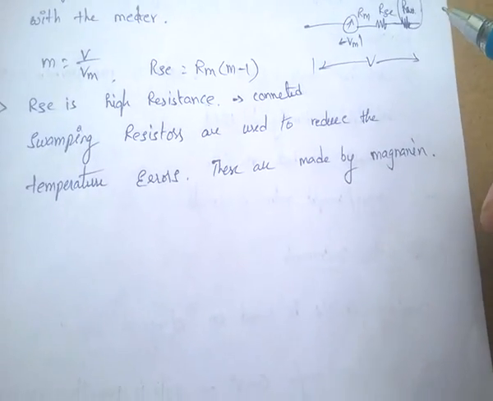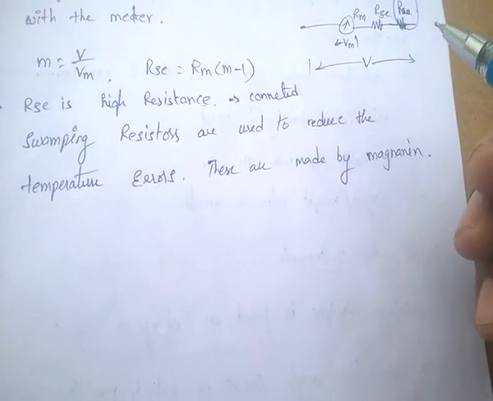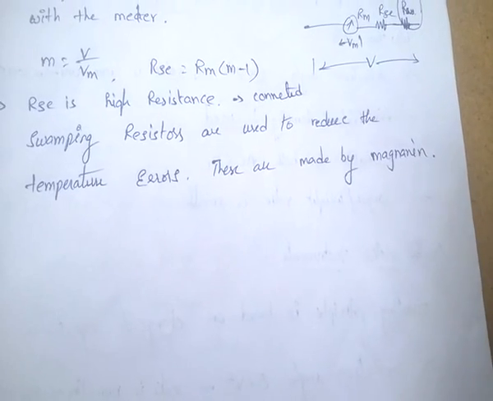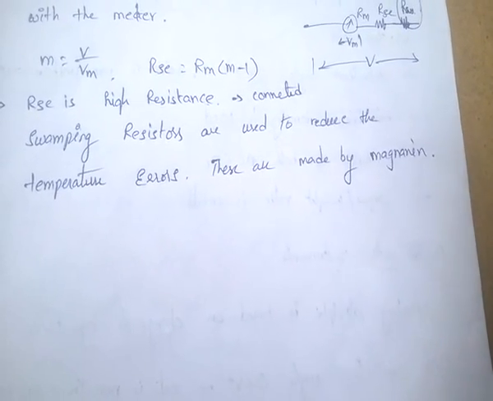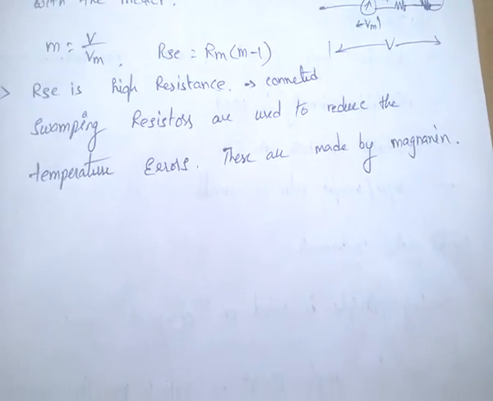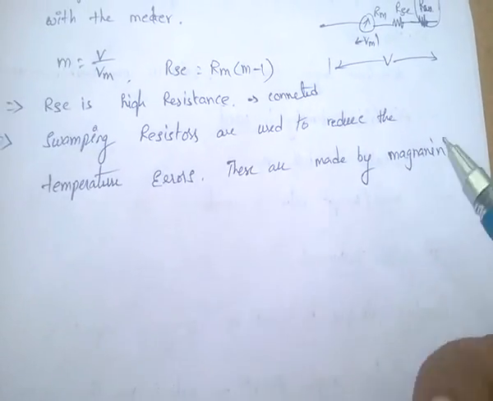The material used for making swamping resistors is a constant temperature coefficient material, that is nothing but manganin or constantan. So swamping resistors are made of manganin or constantan.